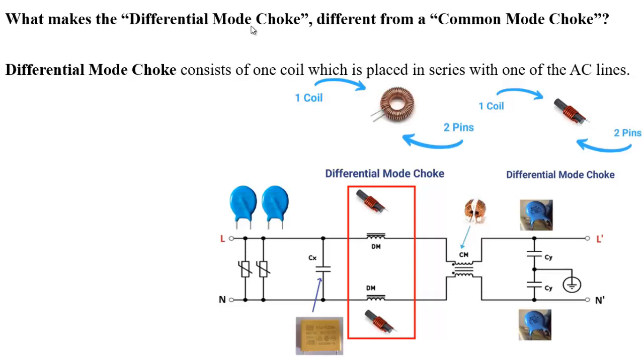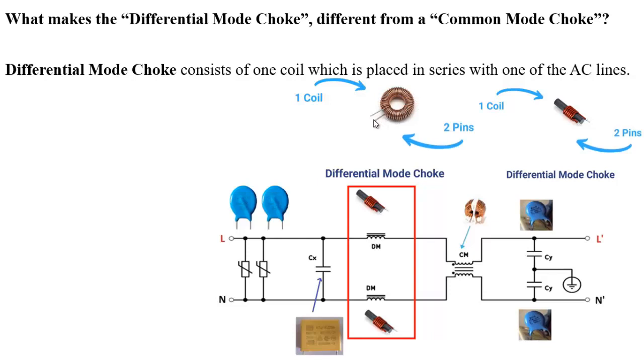What makes the differential mode choke different from common mode choke? Differential mode choke consists of one coil which is placed in series with one of the AC lines. This is a choke for differential mode.